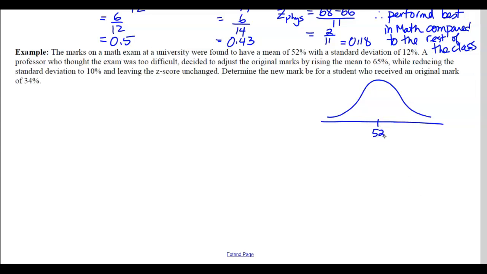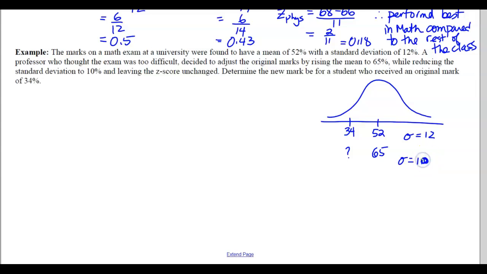This student scored 34. We want to change this so that the mean is 65 and know what that new mark is. So we're keeping the same curve, but changing those values. And here the standard deviation was 12. And now our new standard deviation needs to be 10.